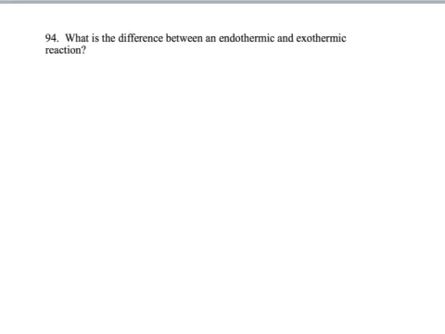The main difference between an endothermic and exothermic reaction is basically it's just tracking the motion of heat. So if I have some reaction taking place here in the beaker, so let's say here's some solution.